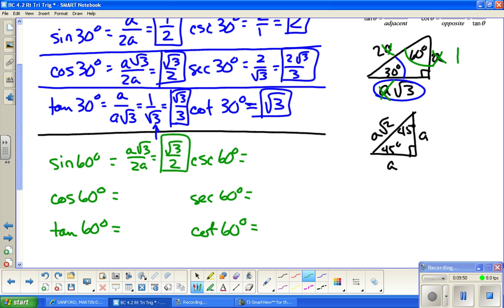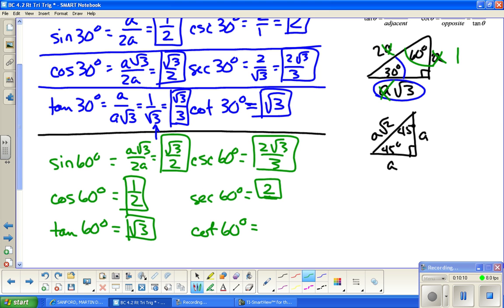You can still write them, it's just understand that the A's are going to divide out. Okay, so this is going to end up 2 square root of 3 over 3 after it's rationalized. Cosine of 60 is 1/2. Again, adjacent over, that's going to be 2 over 1. And then tangent of 60, square root of 3. And the reciprocal, square root of 3 over 3.